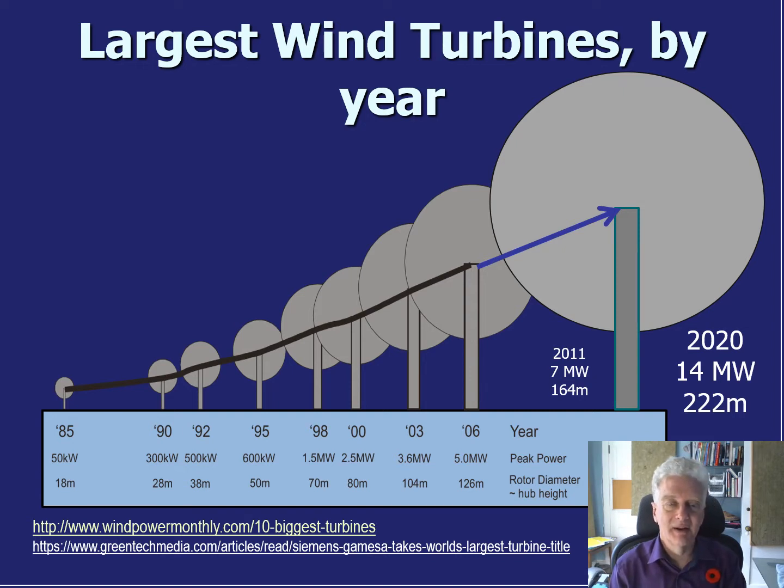And now they're getting bigger and bigger. So 2011, we see 7 megawatt models. And this year in 2020, we're now looking at 14 megawatt models out on the market with a 220 plus meter rotor diameter. Generally speaking, the design will be that the diameter of the rotor and the height of the tower are equal so that the lower blade passes somewhat halfway down the tower.